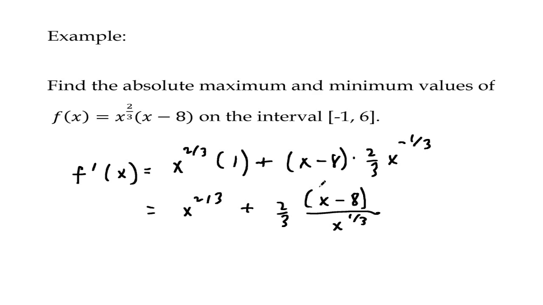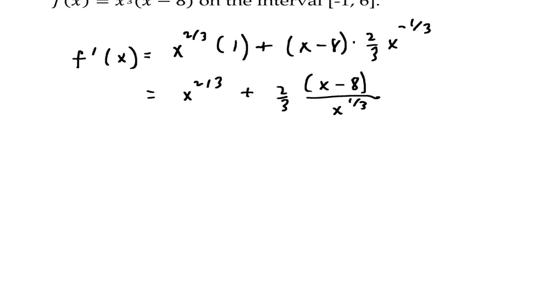I just simplified this a little bit. I brought the x to the -1/3 down here, made the exponent positive. Now let's see where this is undefined. Well, this part would be undefined if x equals 0.